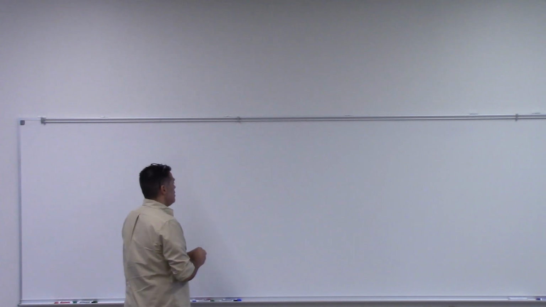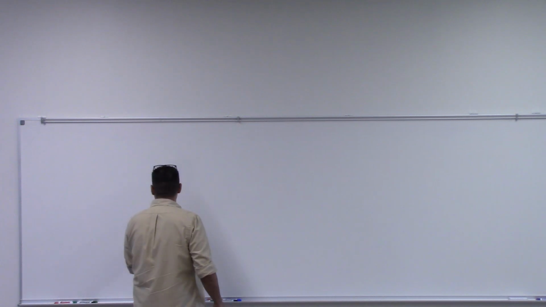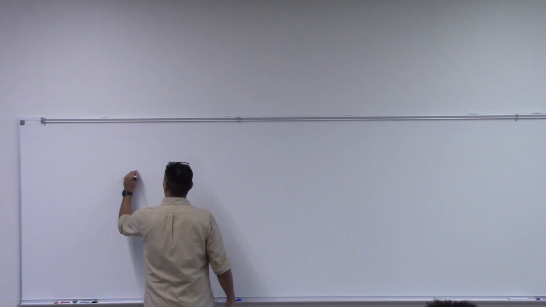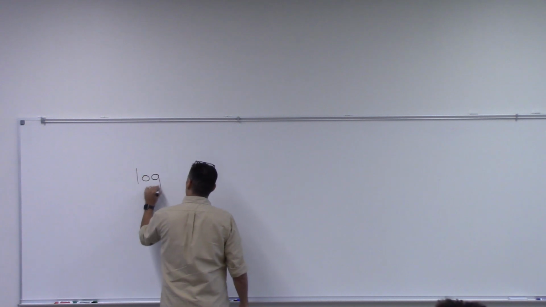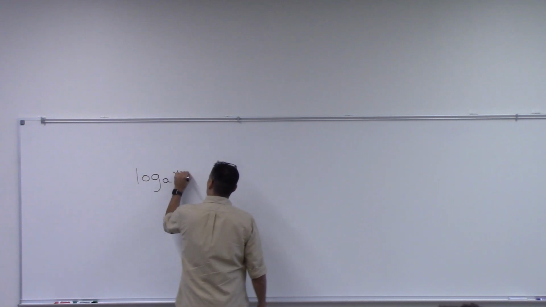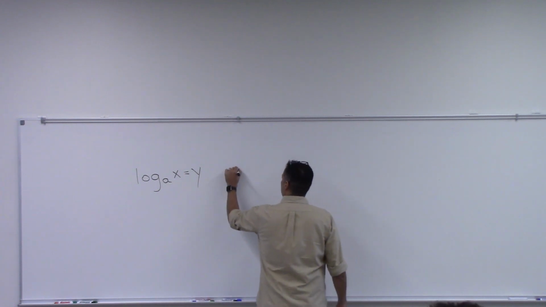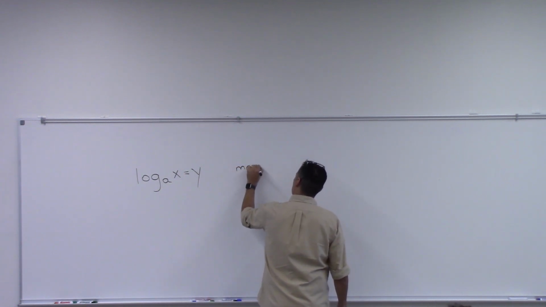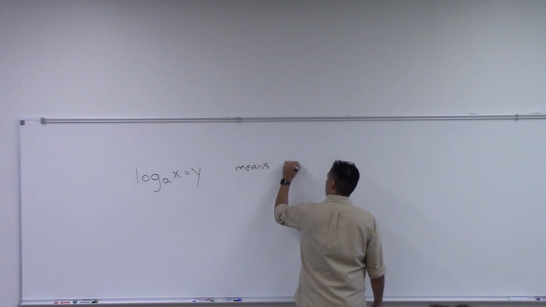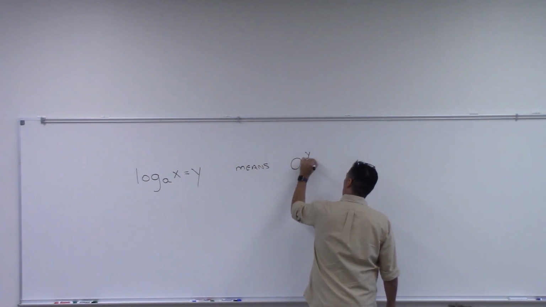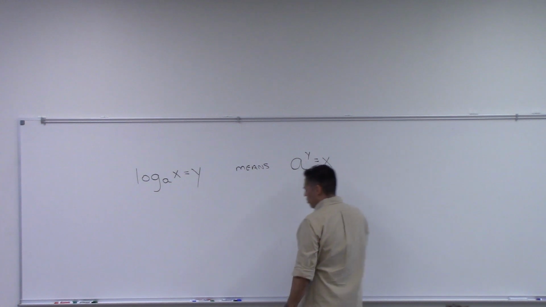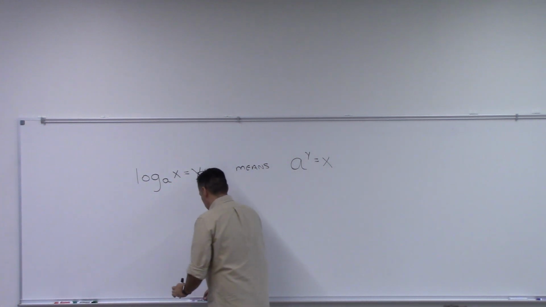So let's just do a quick recap of what a logarithm is. When we write something like log base a of x equals y, that's just new notation. That really means that a raised to the y equals x. And I showed you this thing that I called the loop, right?